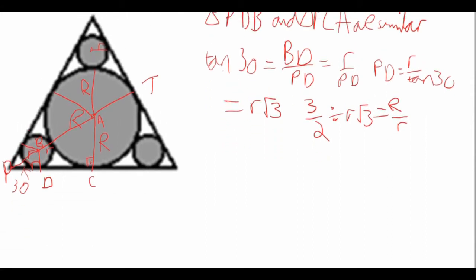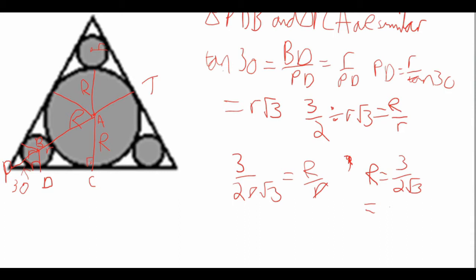Then this comes out as 3 over 2R root 3 is equal to R over R. We can then times both sides by R, which will get rid of this R and this R. And then what we've done there is we found that R is equal to 3 over 2 root 3.